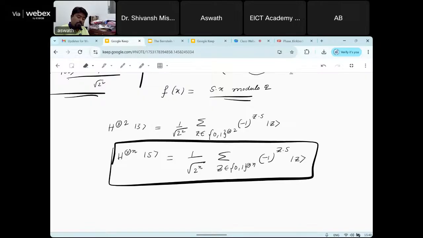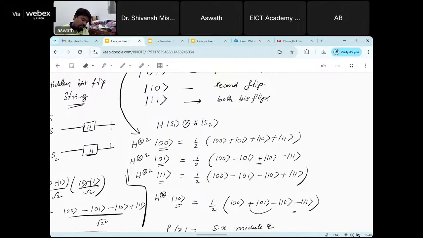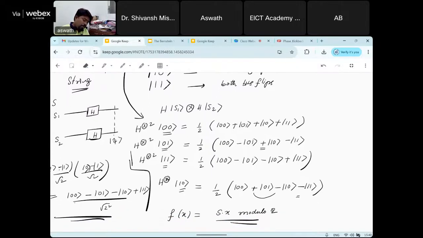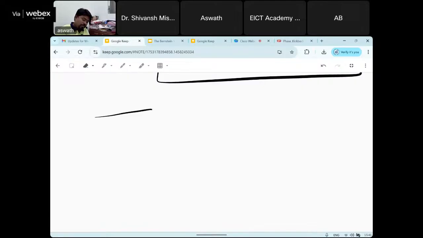Let's say at this point I have a quantum state psi, or let's say quantum state X. Or if you are comfortable dealing only with S, let's call it S. I want to know what that state S would look like.